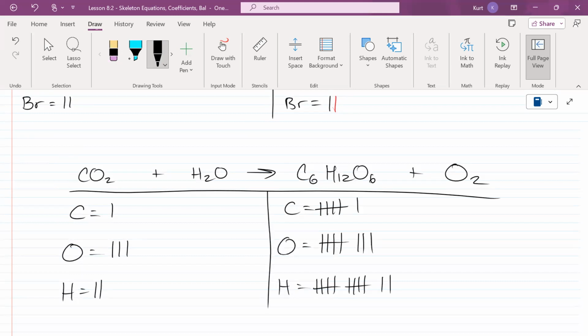Okay, clearly this is not balanced. So we need to get it balanced. Anybody have a suggestion as to what we should do first? What coefficient we should use and where it should be put to get this thing balanced out? Give it a look. Alex said a 6. Where do you want to put a 6, Alex?